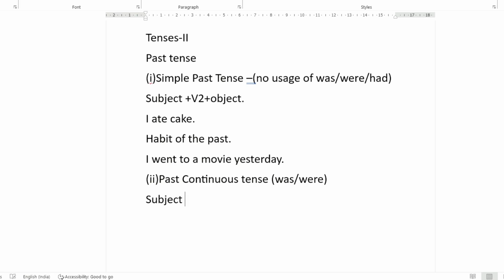So it will be subject plus was or were plus V-ing plus object. So what does past continuous tense talk about? It talks about an action which continued for some time in the past. So, I was reading a book in the morning.